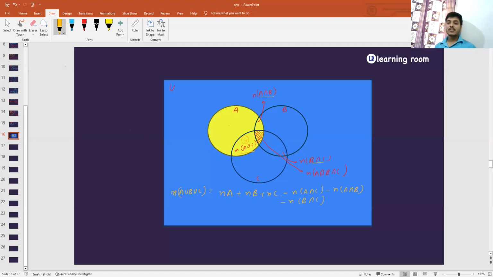Whoever finds it will get a chocolate. A intersection B intersection C. We did minus. We have to subtract that. Like you are saying that we have to subtract this A intersection B intersection C once. That's what you are saying.